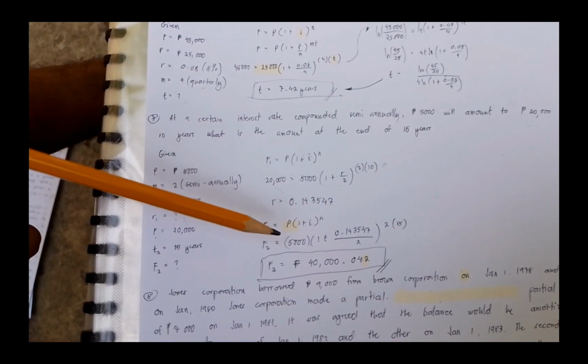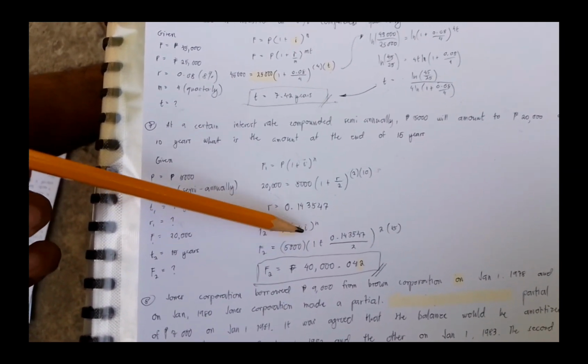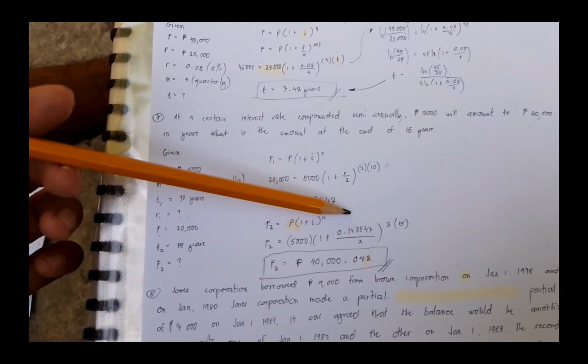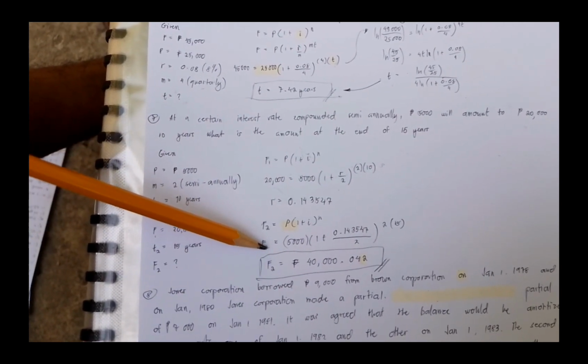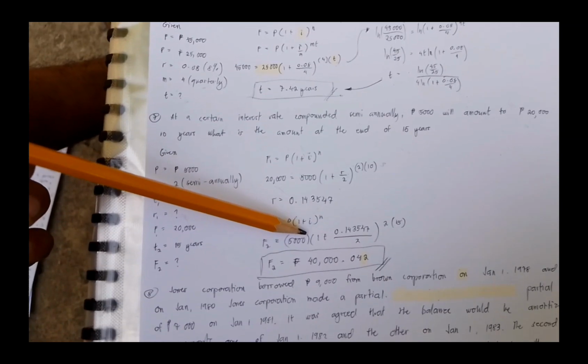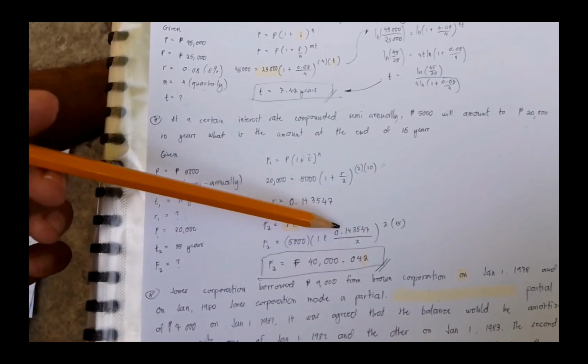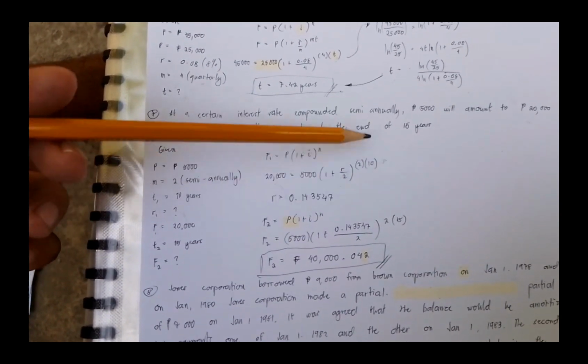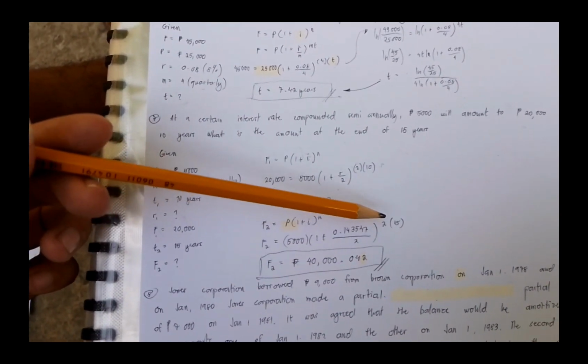Simply substitute 5,000, our principal. Since all the given are good, and we computed the nominal rate, we could get its future value at 15 years. So 5,000 times the quantity of 1 plus 0.143547 all over 2, raised to 30, or 2 times 15.